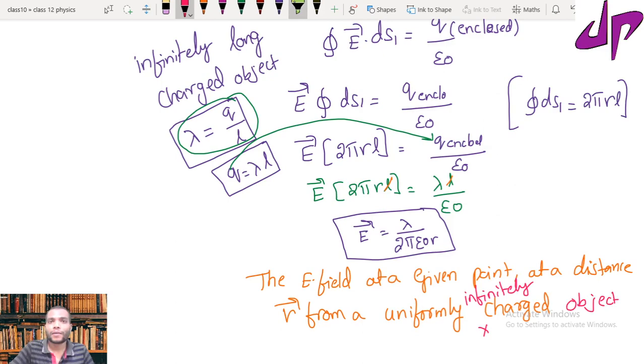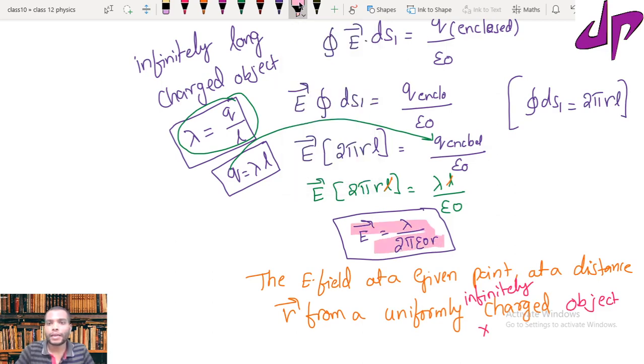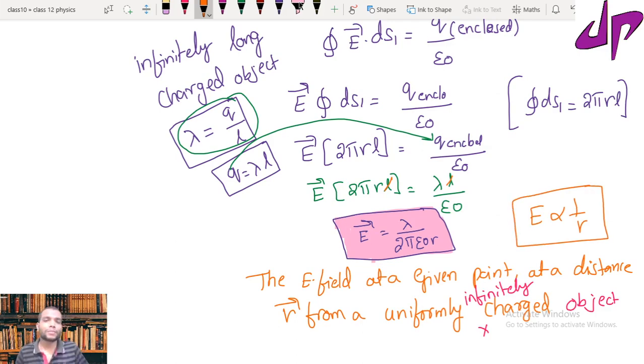The final expression we can mention is E bar equals lambda by 2 pi epsilon naught R. Here lambda is the linear charge density, 2 pi epsilon naught are constant terms, and R is the distance. In this case, the electric field is proportional to 1 by R. So this is the final expression: the electric field due to an infinitely long charged object.